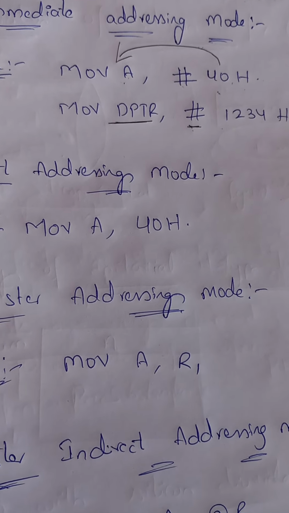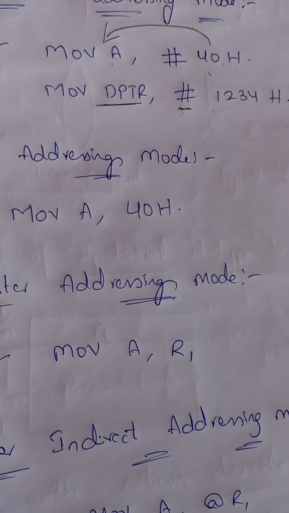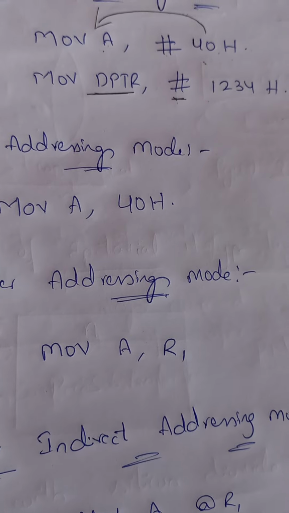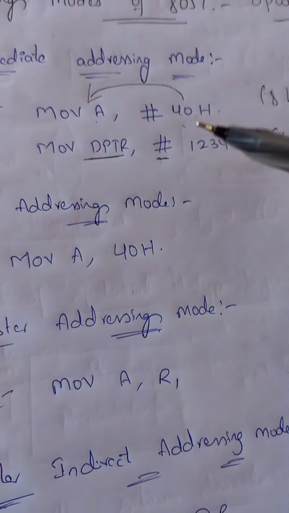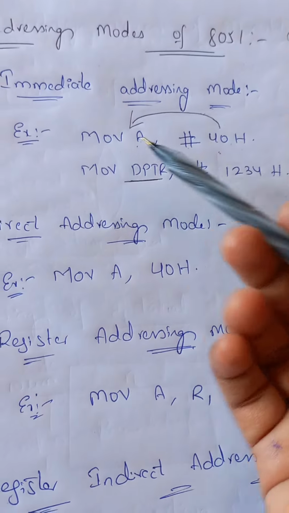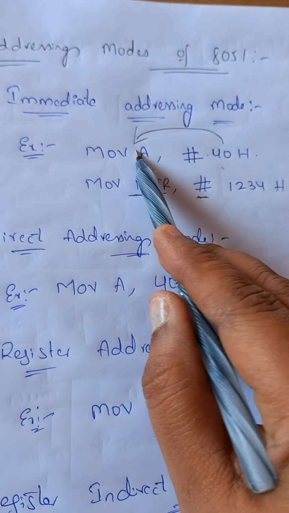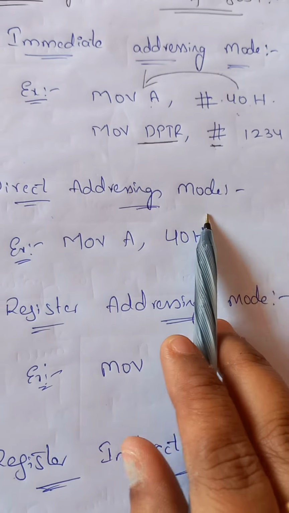If you understand those things, the addressing modes are very easy. This is only about how to represent the operands. In the immediate addressing mode, the data is immediately moved into the A register.